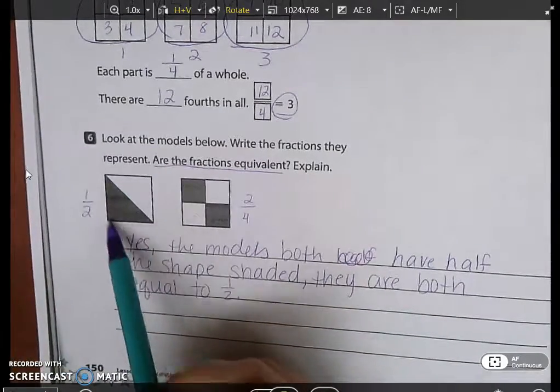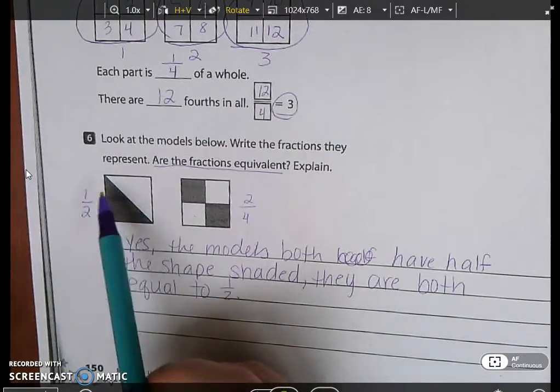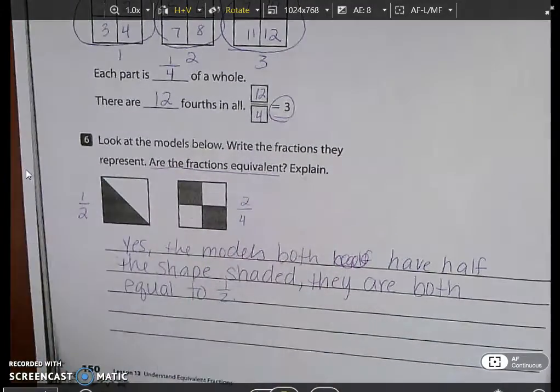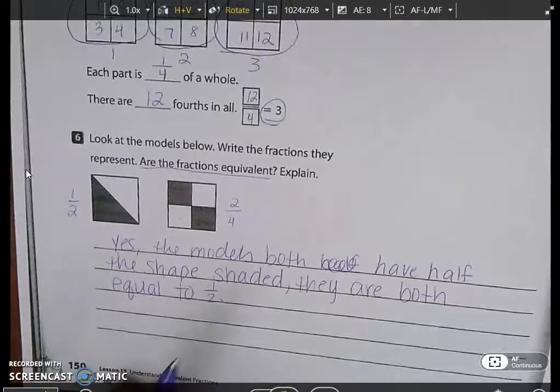Because if you see, half of this box is shaded, and if you look here, half of this square is shaded. So since both of them have the same amount shaded, then yes, they are equivalent.